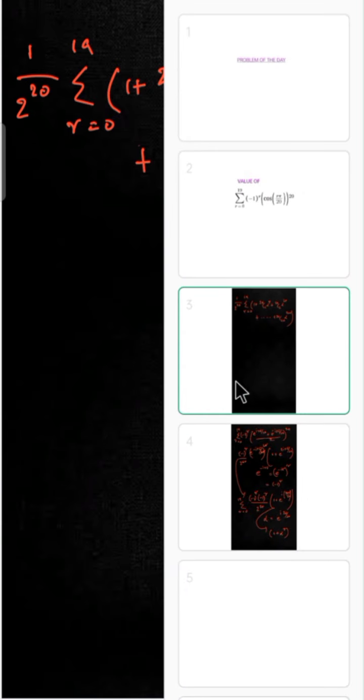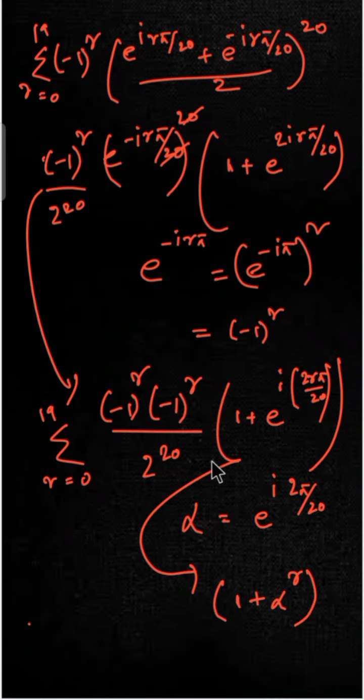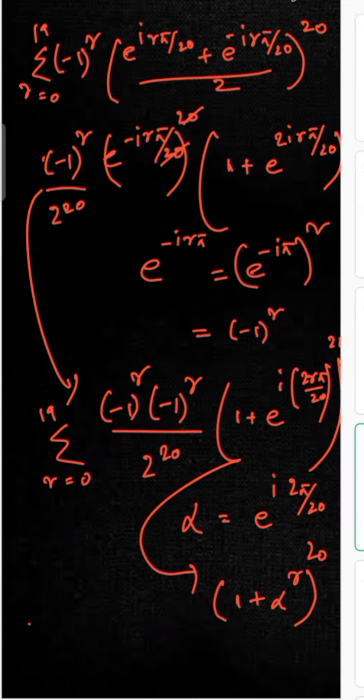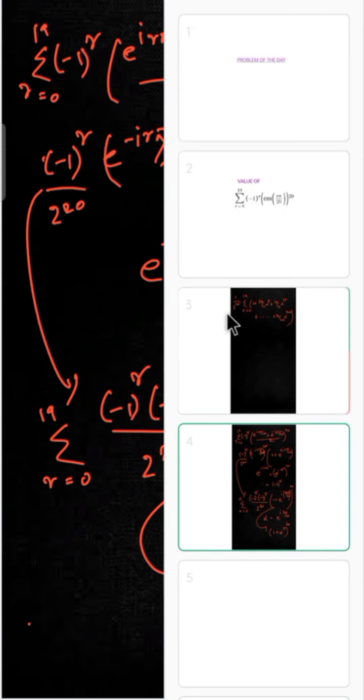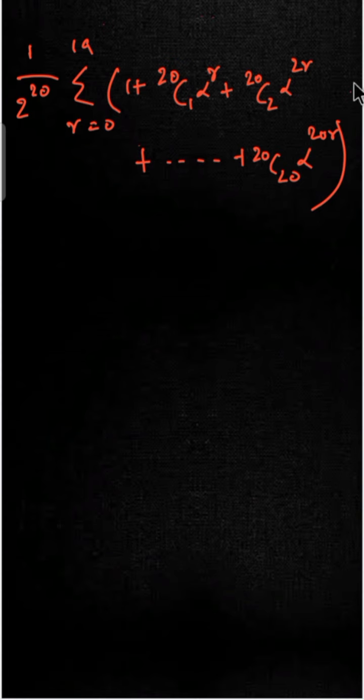Because we have whole power 20 here. So this is nothing but alpha power r whole power 20. That's the reason we have used this convention. So we have the binomial expansion part. This is where I told you the binomial expansion plays in the question. So 1 plus 20c1 alpha power r plus 20c2 alpha power 2r plus 20c20 alpha power 20r.